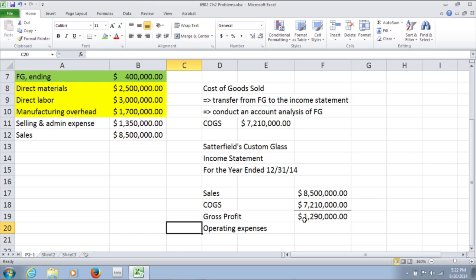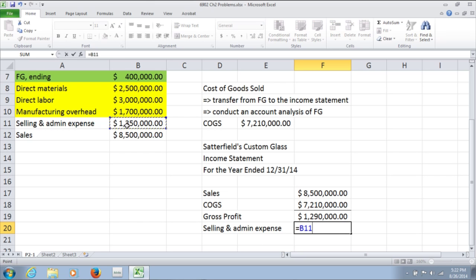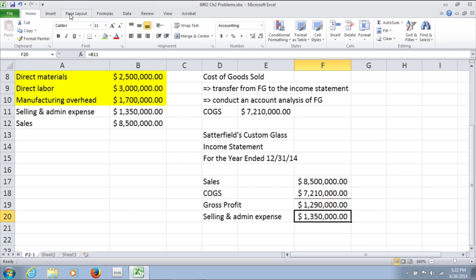I guess we could be consistent with that heading here, so we'll take the selling administrative expenses here. And then as it turns out, when we calculate the net income number here, we end up having a $60,000 loss. So the net income is actually a $60,000 loss.